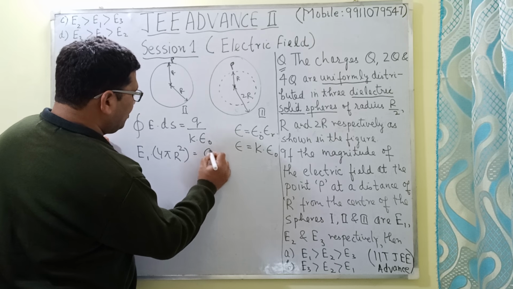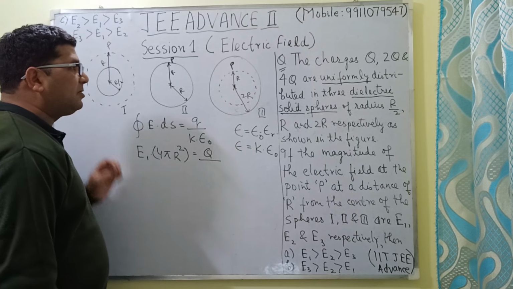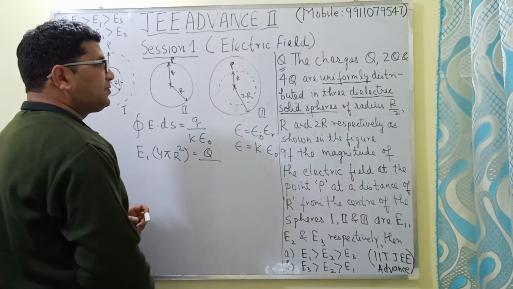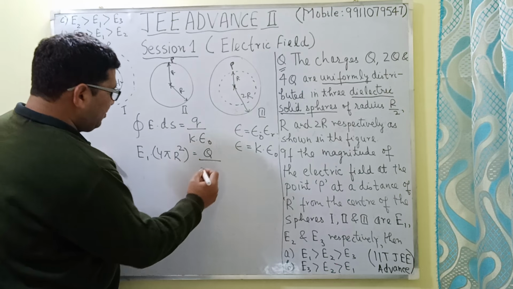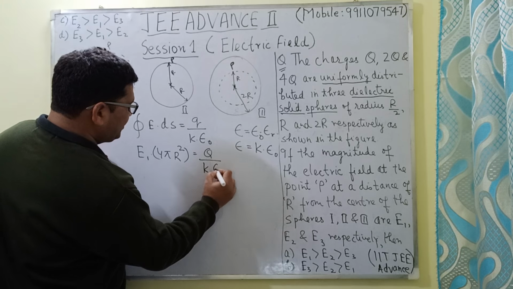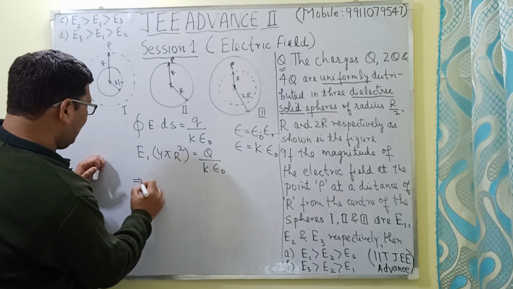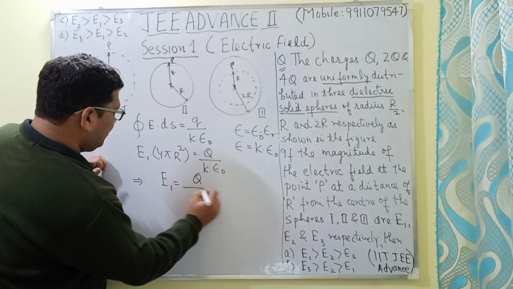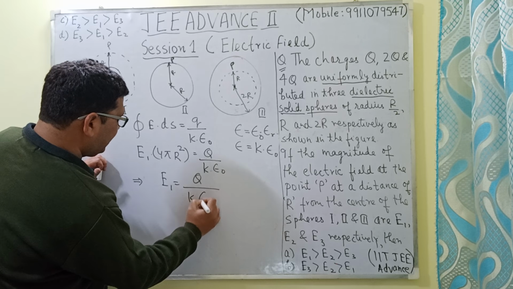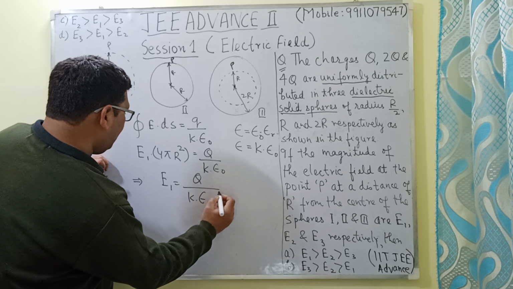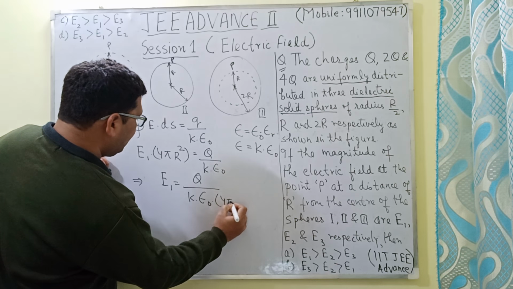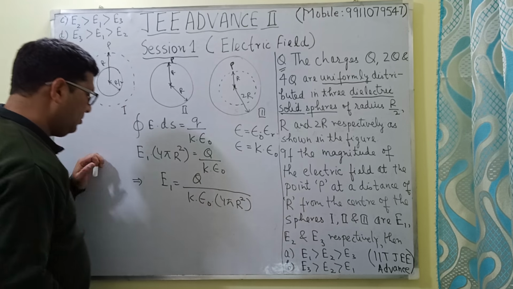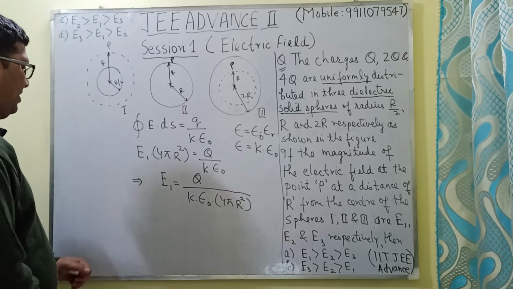This will be equal to Q, the charge which is enclosed in this dielectric sphere and is uniformly distributed, divided by K epsilon naught. So from here I will be getting the value of E1, which is equal to Q divided by K epsilon naught into 4 pi r square. So this is the first equation which I have got.